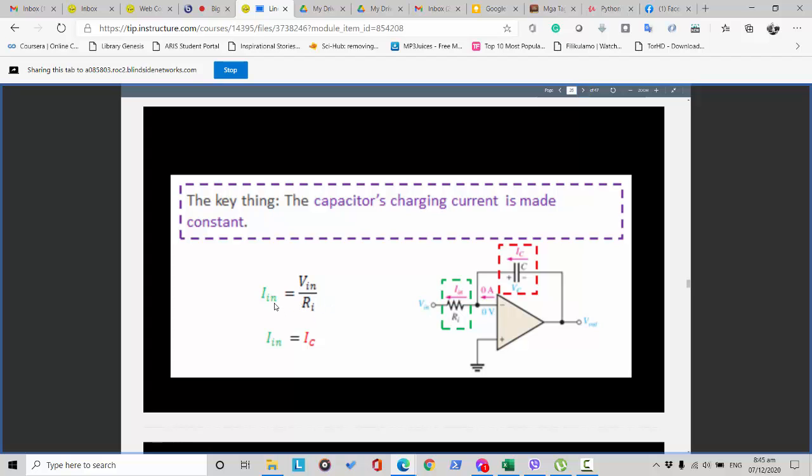So the input current is equal to the voltage divided by the resistance, and the input current is equal to the current of the capacitor. So that will be the case for the operational amplifier integrator.